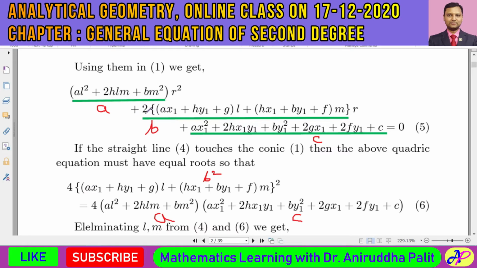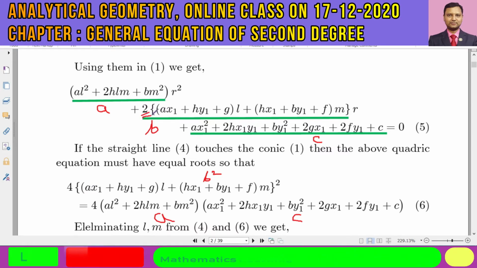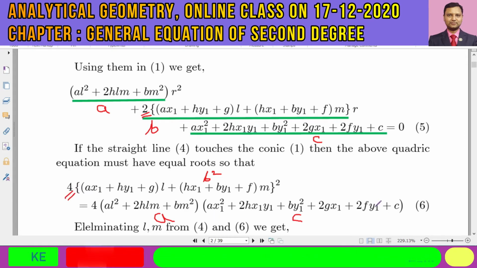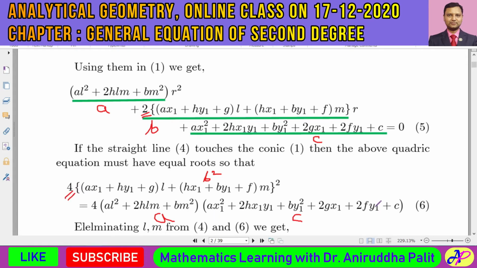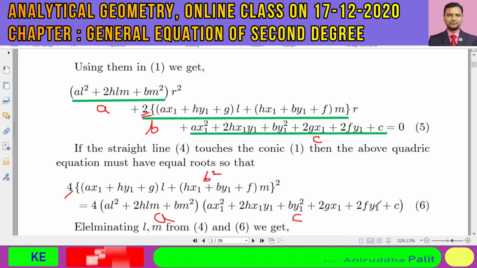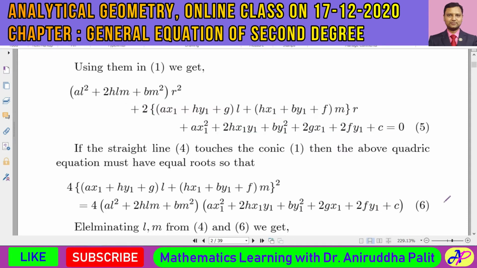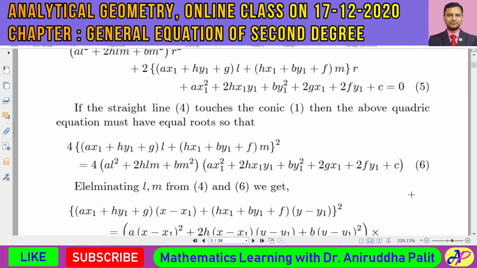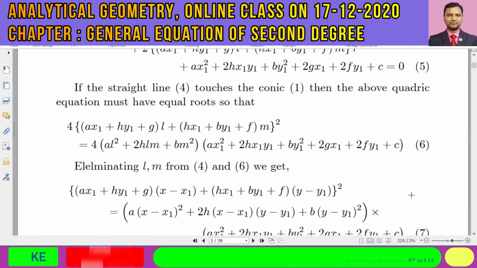Remember, in this B we have a quantity, the coefficient 2. So over here 4 would ultimately come on the left hand side. So B square is equal to 4ac will give us this kind of equation, equation number 6. Now in this equation number 6, we are going to eliminate small l and small m. Then what do we get?